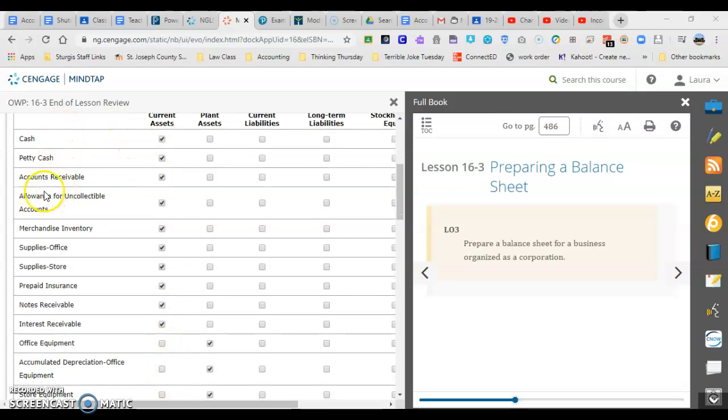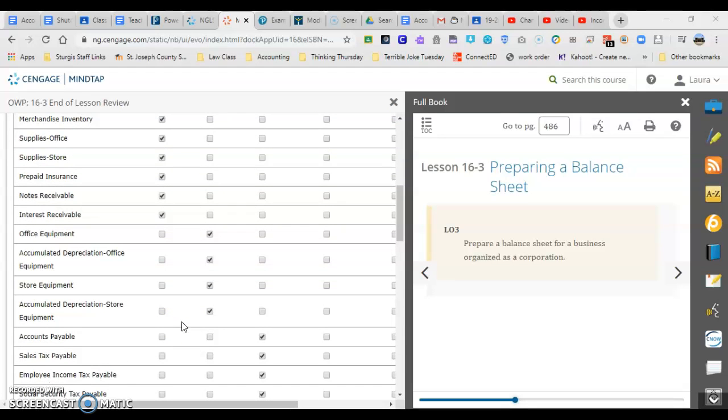So cash, petty cash, accounts receivable, inventory, some supplies, your insurance, notes, interest receivable are all current assets. Plant assets, remember, are ones that you're going to use for several years, like equipment, and store equipment is the only plant asset that they have listed here.